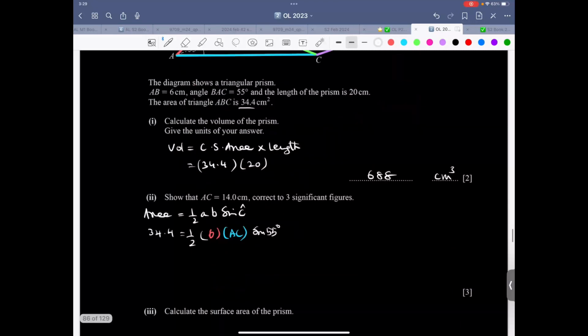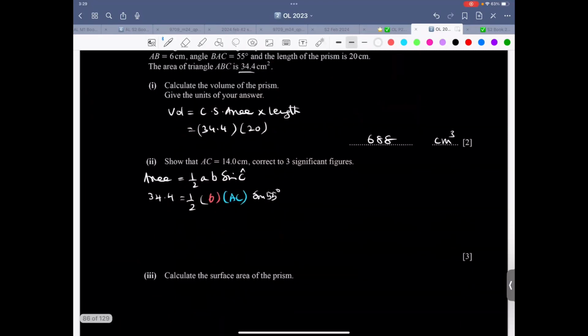So now when we make AC the subject, that's 2 into 34.4 divided by 6, or we can get, okay, any which way. I would have simplified 6 over 2 as 3. So divided by this thing, 6 into sine of 55 degrees, that is AC. So therefore, AC comes out to be 13.998.